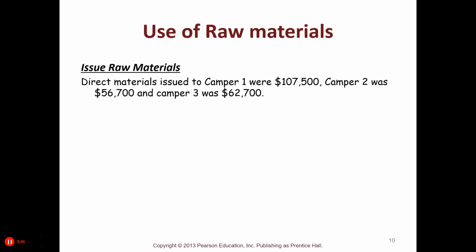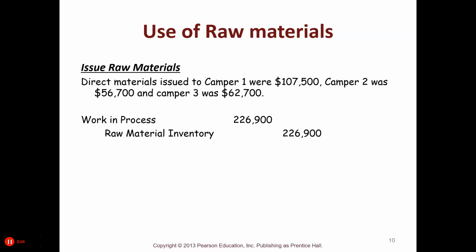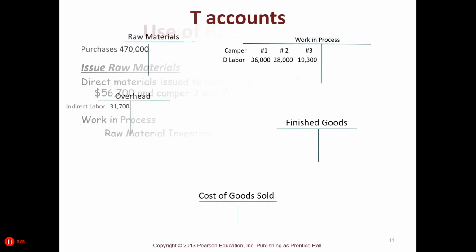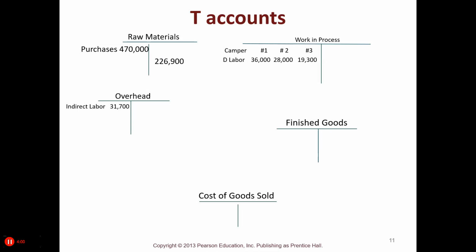The next thing we did is we issued direct materials, and we show the amounts for each one of the campers, but the journal would just be work in process, and we would take it out of our raw materials. Now again, here what we would do is take it out here, but we would show it individually because we do want to keep track of the cost for each one of the campers.